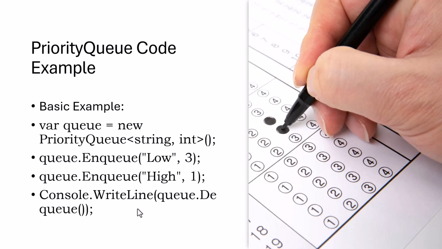If you execute Console.WriteLine(queue.Dequeue()), you'll get "high". We'll see that in an example in a short while. Now let's switch over to Visual Studio.